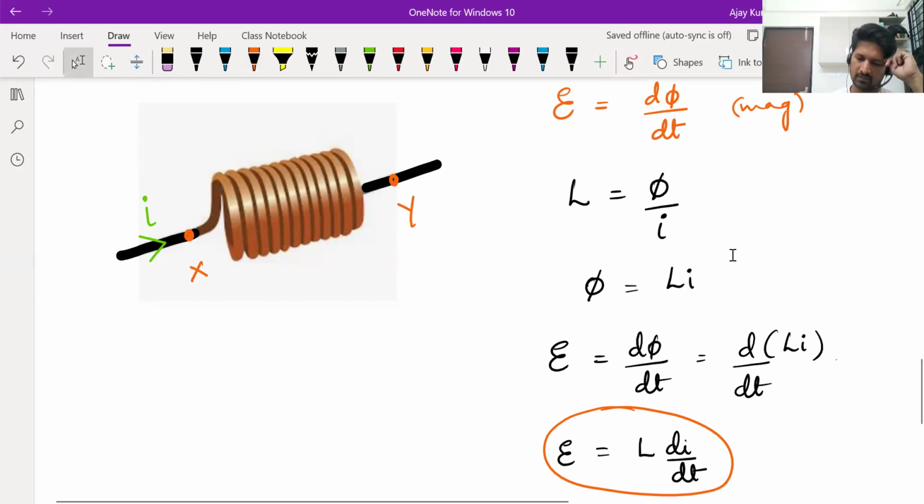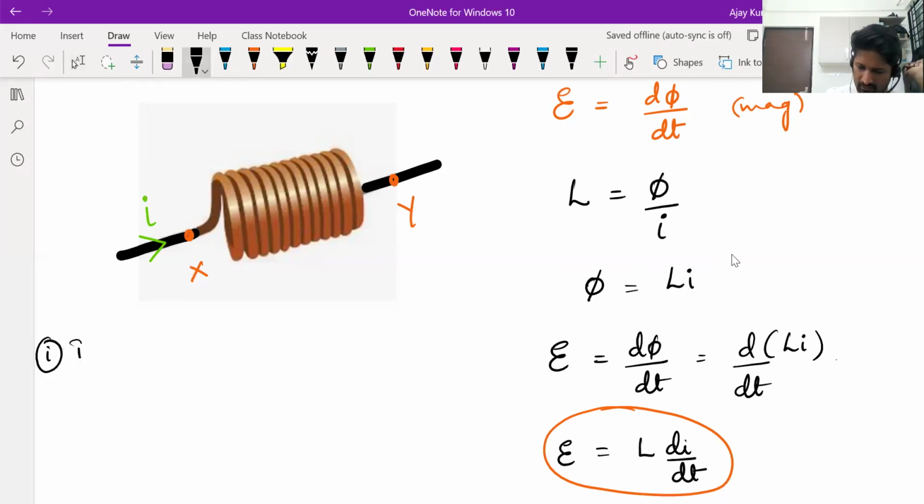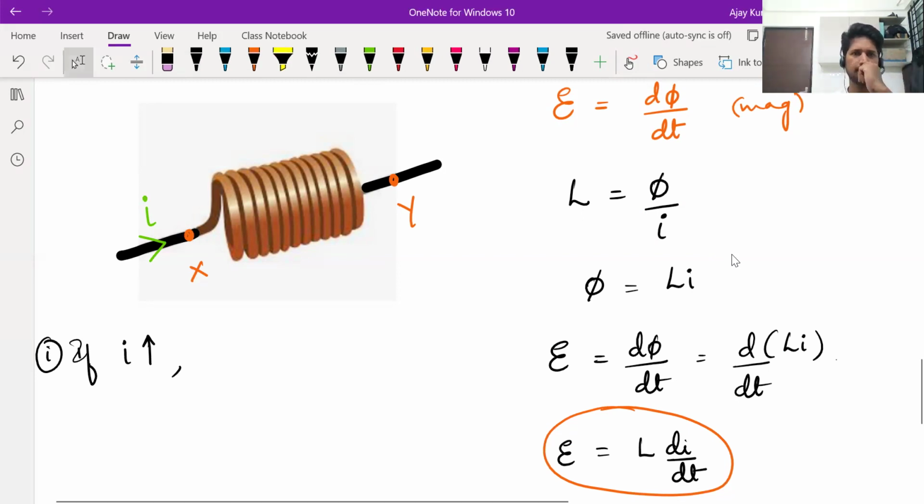Now you all tell me, first case, if current increases, what will the induced EMF try to do? Will it increase the current further or will it try to oppose the current? If current in an inductor is increasing, what will the induced EMF try to do? Oppose the current, because if current is increasing, flux will be increasing.